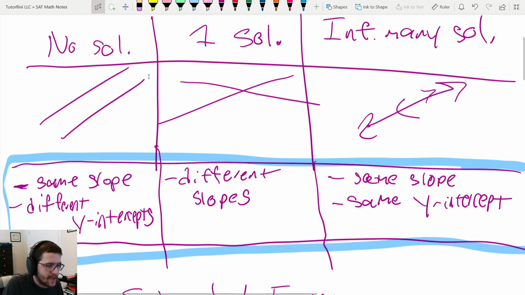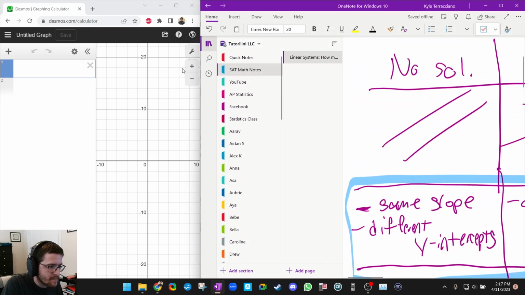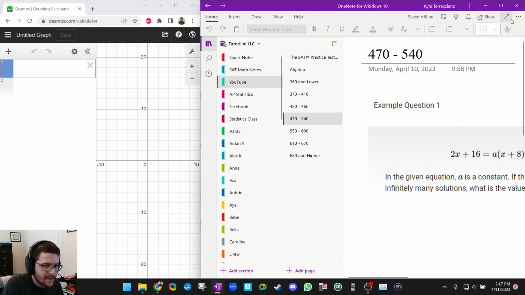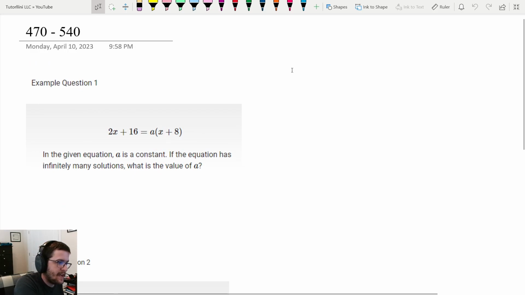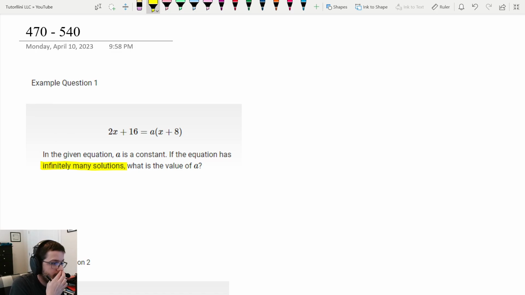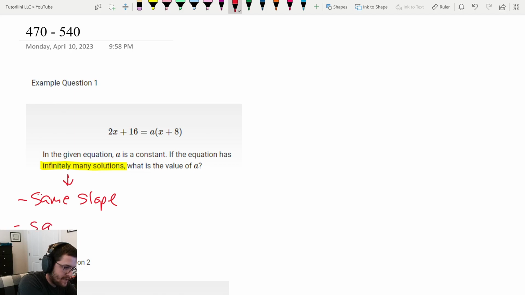Great. Okay, I'm going to go back to the test question now. So I think it was the 470 to 540. So this one says it has infinitely many solutions. So that tells us right away that we want the same slope and the same y-intercept.